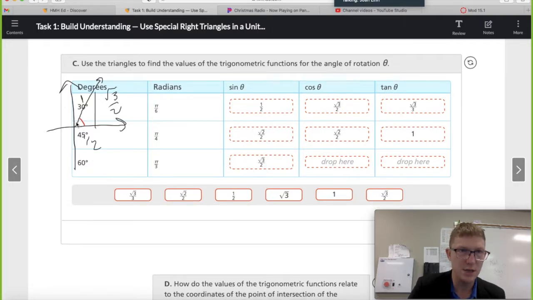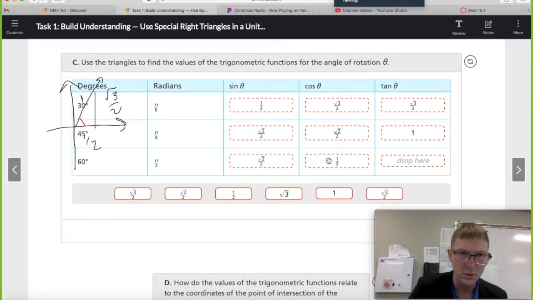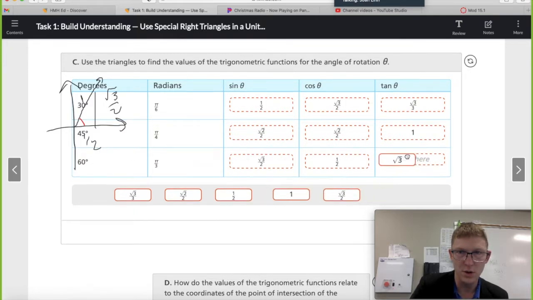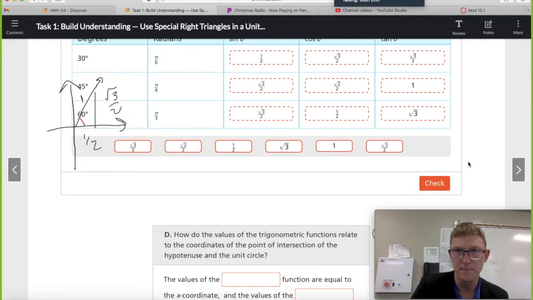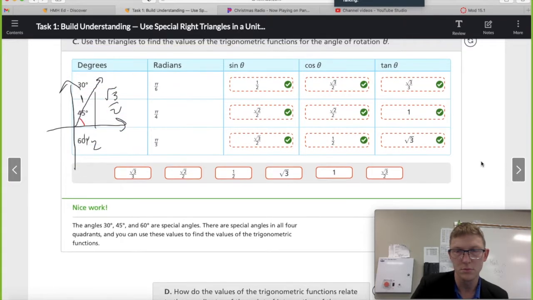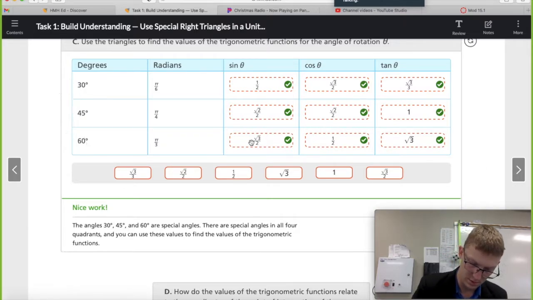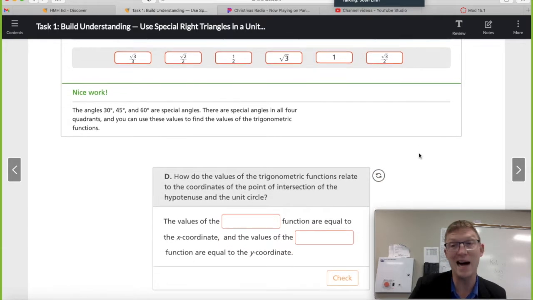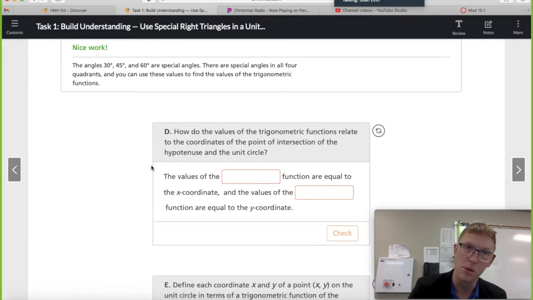Our cosine is going to be 1/2 over 1. And our tangent is going to be the opposite over adjacent. Our 2's here are going to cancel out. So that's just going to be square root of 3. Yay. So these are things you should get very familiar with. I need to get more familiar with them too.